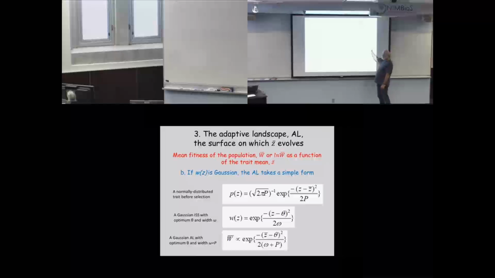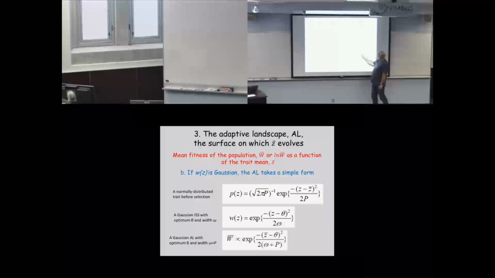Okay, if we say that the ISS is Gaussian, then we're saying this. That's definition, and this is definition. If those two things are true, then the adaptive landscape is also Gaussian with these parameters.